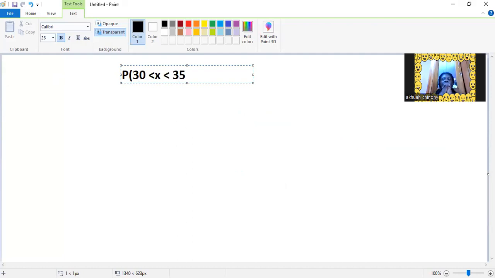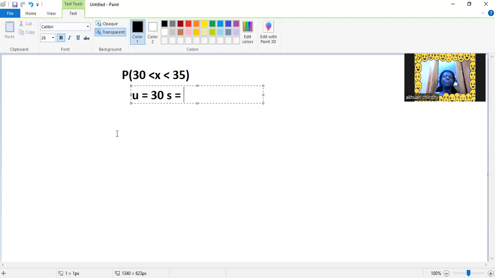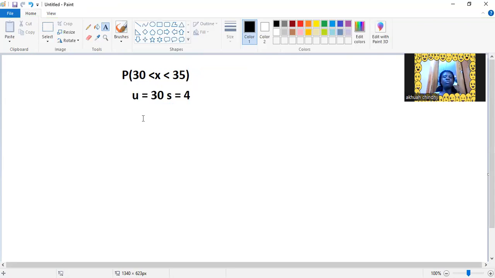So that's what we are asked to find. Right, that's the probability. So first let's draw the curve. We know that our mean is 30 and our standard deviation is 4. So I'm going to draw the curve to see how this would look.